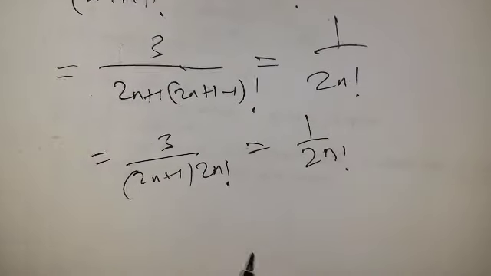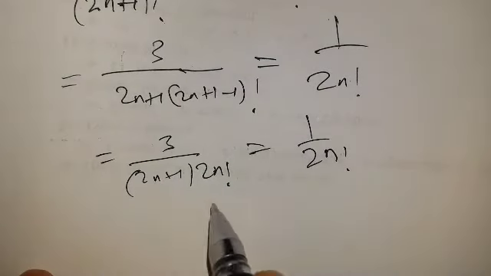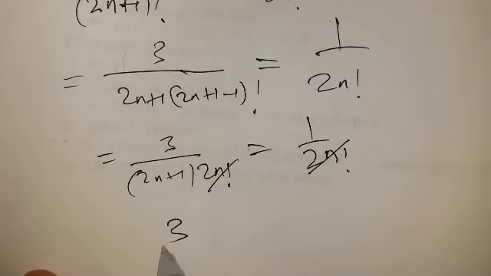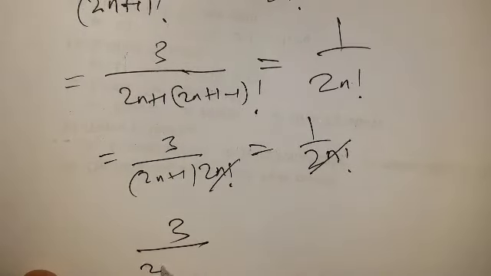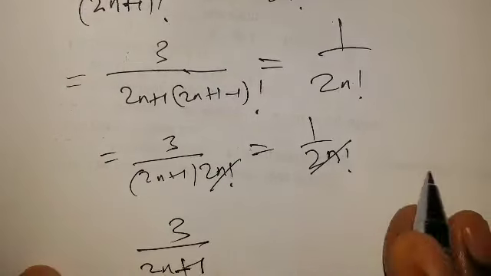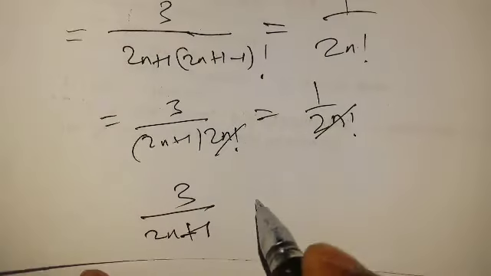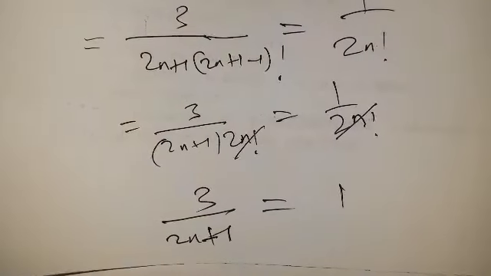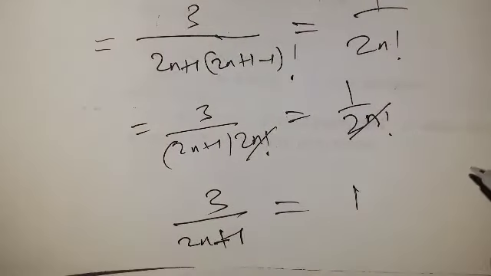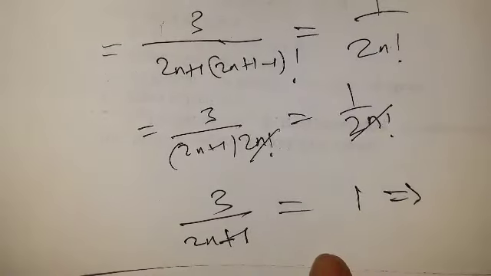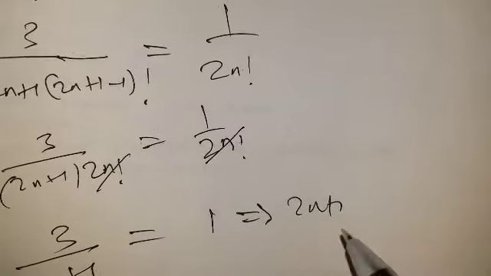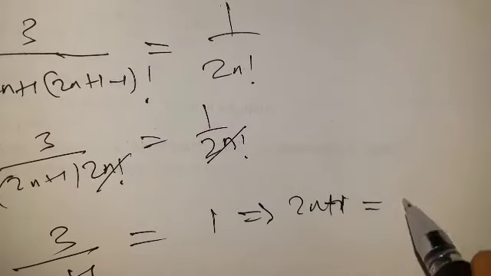So from here we know that this 2n factorial will go with this. We have 3 over (2n plus 1) is equal to 1. So if you cross multiply, this implies that 2n plus 1 is equal to 3.